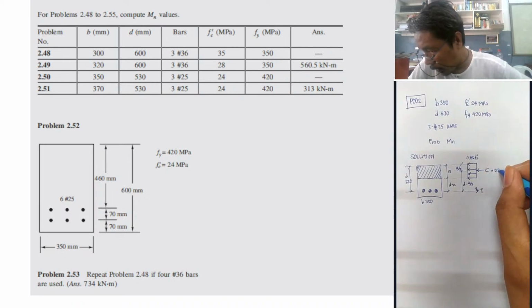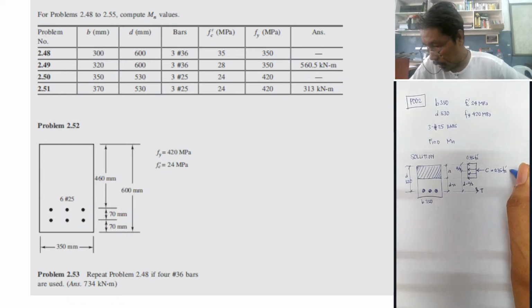So the total is actually 0.85 FC prime AB. So we can obviously compute that.